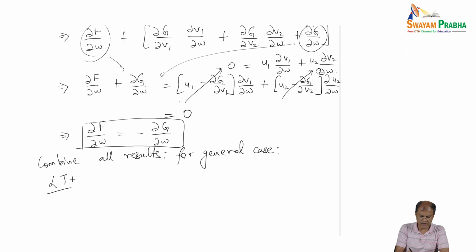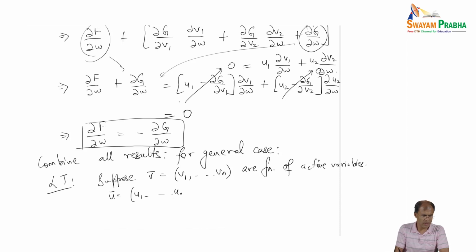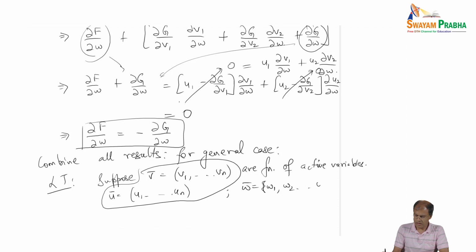So we see that for the Legendre transform, suppose V is given by V1, V2, Vn, which are functions of active variables, and U, which is U1, U2, Un, these are both my active variables, and W, which is given by W1, W2, Wn, these are my passive variables.